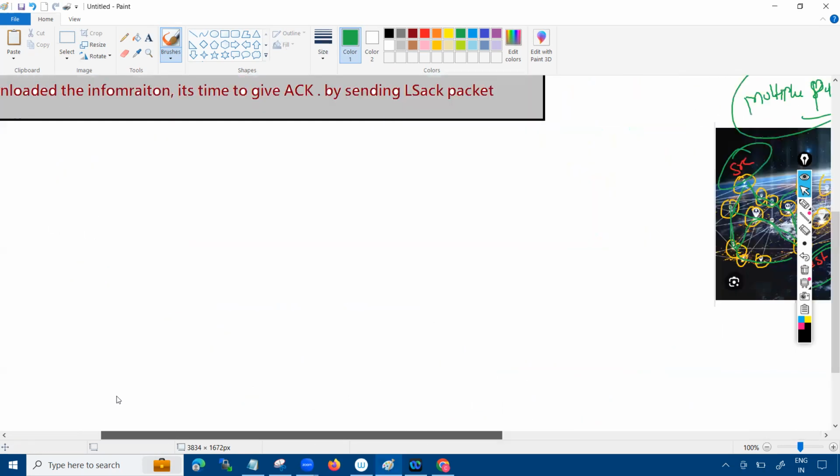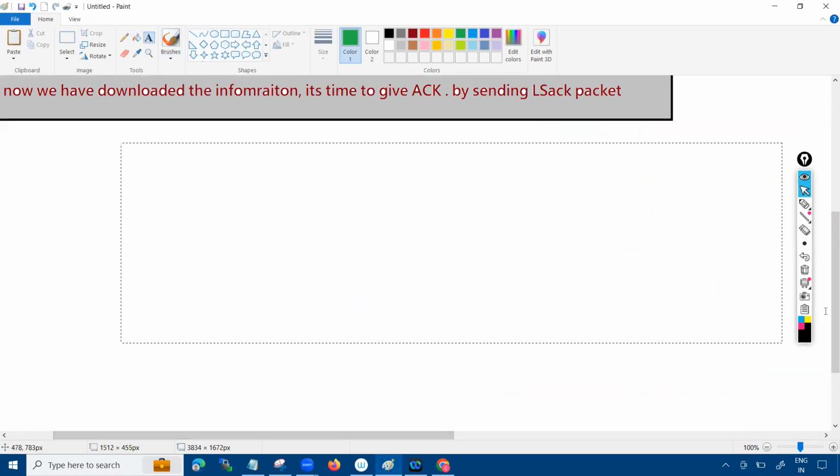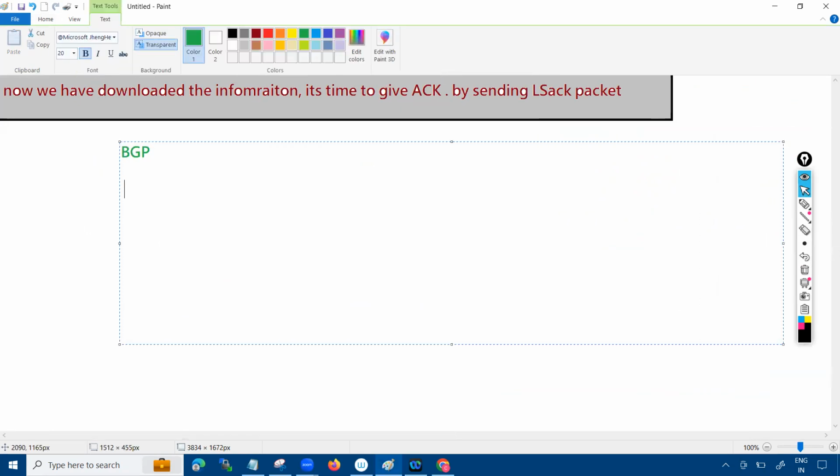So if I conclude, what is BGP? BGP is a scalable protocol. It's a reliable protocol. It's a stable protocol because it is very slow, and that's the beauty of BGP, because that makes it a more stable protocol.